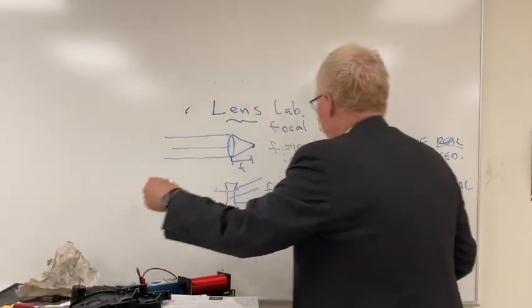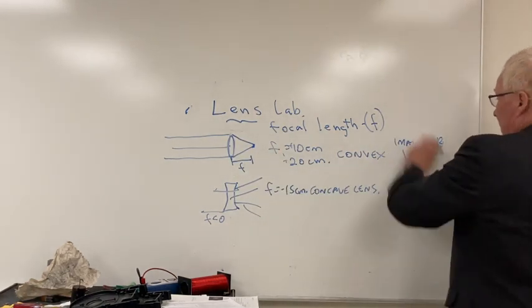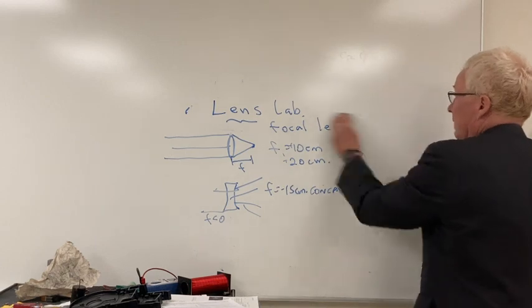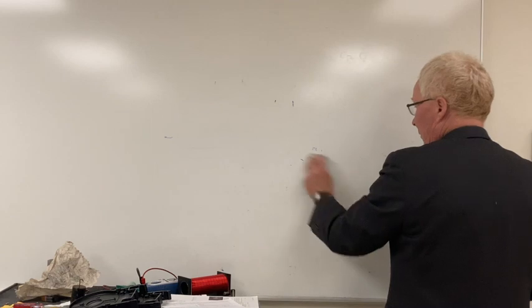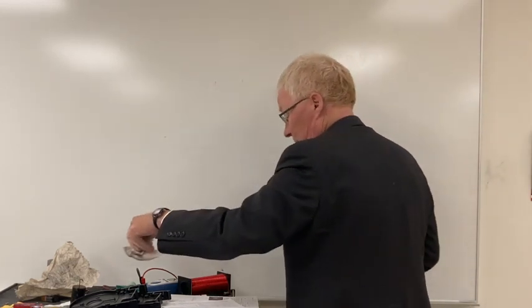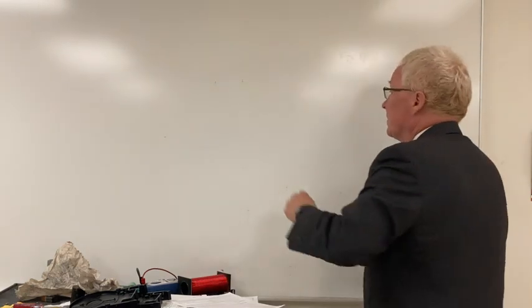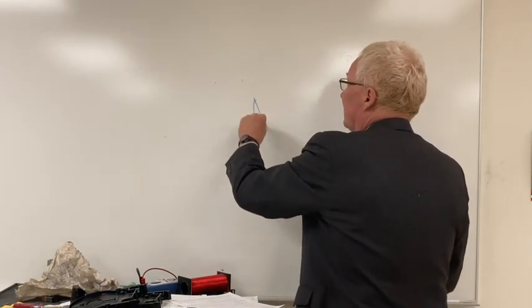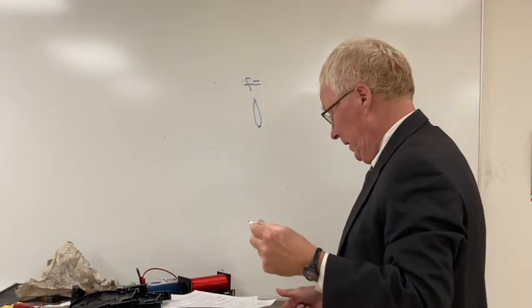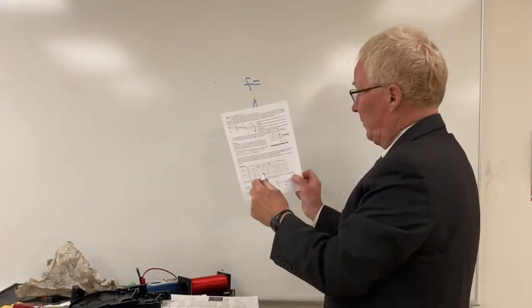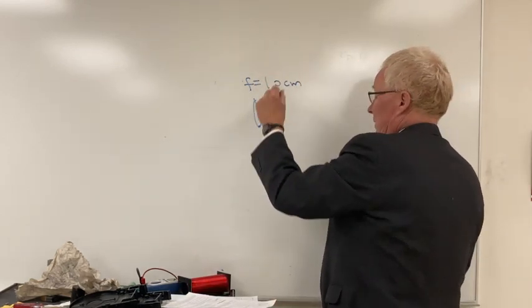All right, moving on here. So I'll leave that. And for this lab, you'll be using the handout. So what we have here is a lens which has some focal length, and I'll use the ones we're going to use for the table: F is 10 centimeters.